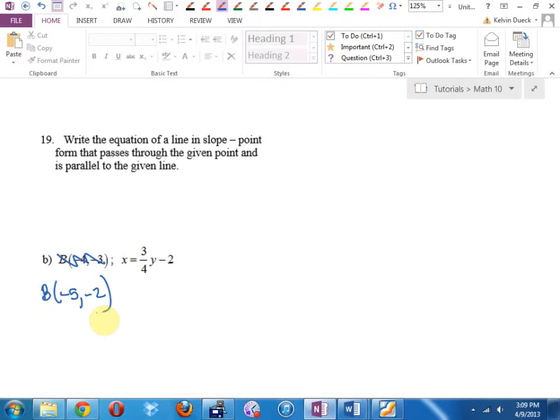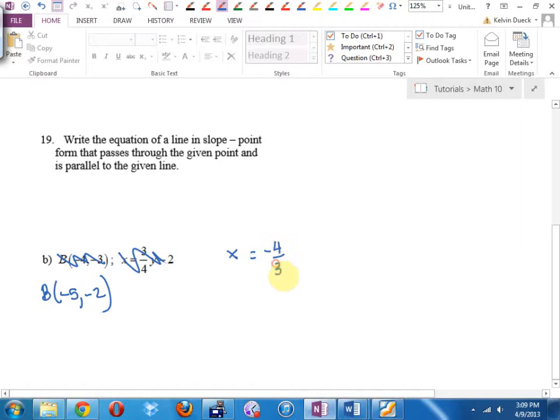This is not slope-intercept form, the x is by itself. So Graham, I'll cross this out and say, how about x = -4/3 y + 3. Just making it up. They want the equation in slope point form, so they want this one.